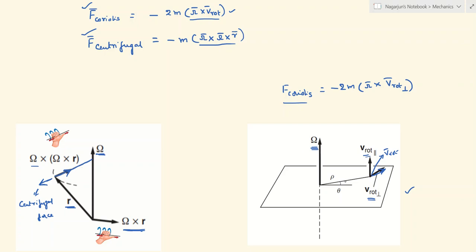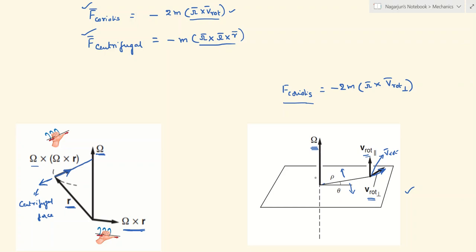So minus of omega bar cross v bar rotation is the direction of the Coriolis force. That is the reason that when the centrifugal force is trying to push the body away from the center, because of the action of the Coriolis force, there is a deviation in a different direction. For example, here omega bar cross v bar rotation, judging by the right hand thumb rule, is in this direction. Opposite to that is the Coriolis force.